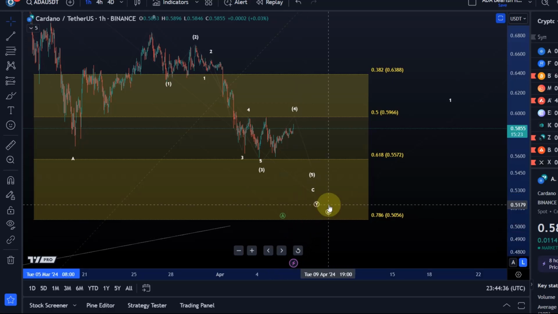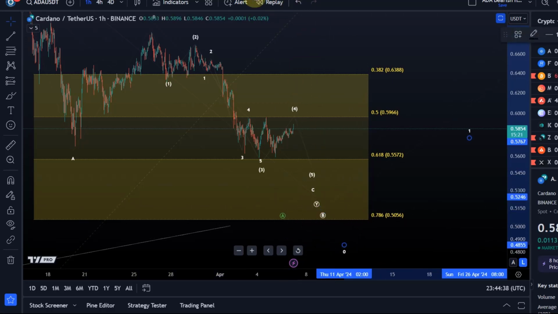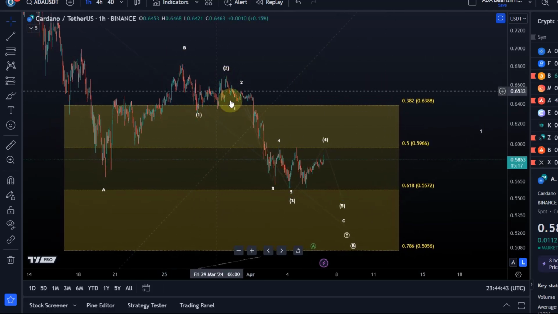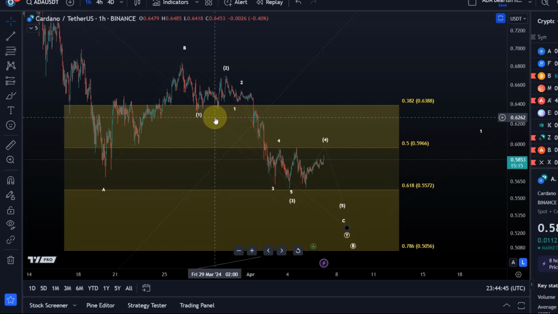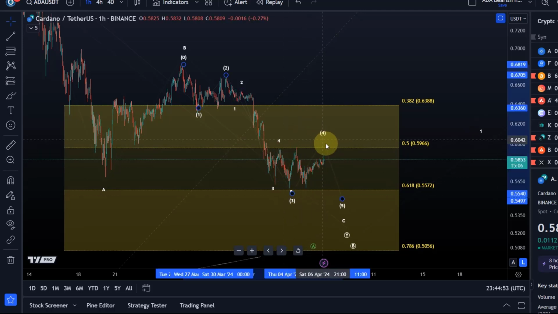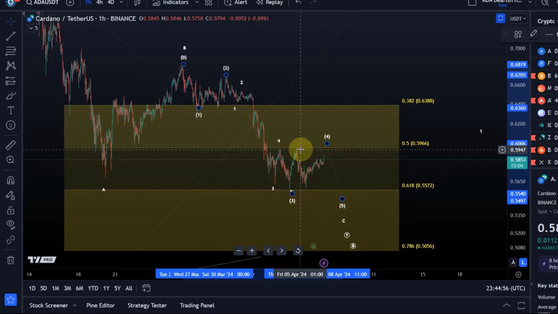So that's still a possibility: we had our 1-2 setup up here in wave C down, then the third wave, which bottomed here on Thursday, and this could be a fourth wave in an A, B, C. So it needs to be a sustained break above that 59.8 cent level.